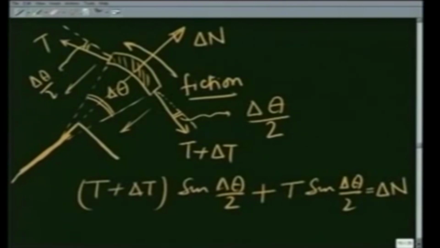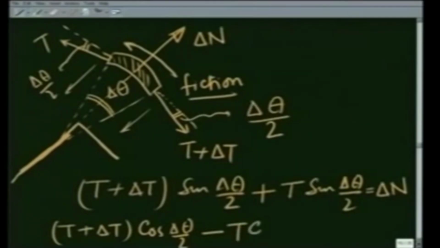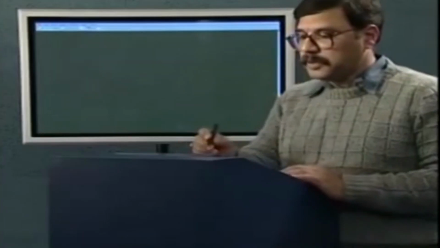And the second equation, T plus delta T cosine of delta theta over 2 minus T cosine of delta theta over 2 is going to be equal to the frictional force F. Let us then write these equations again.